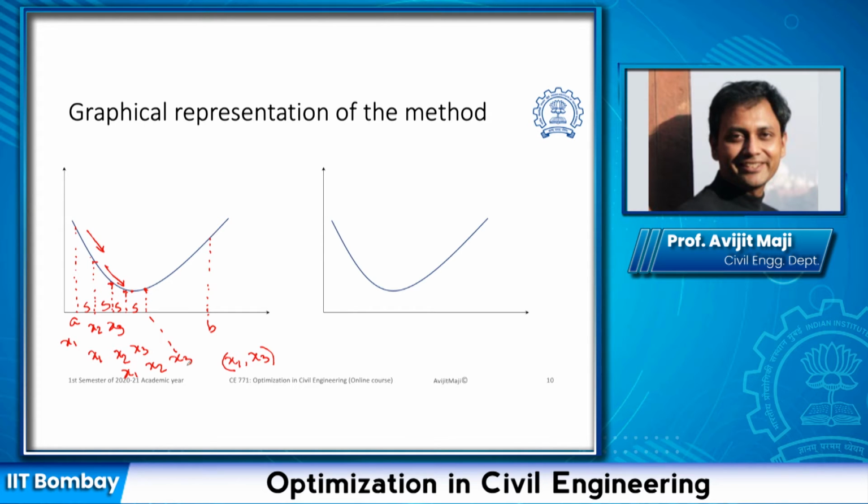Now if we come to a condition where we find that our start point is somewhere here, this is my A, so let the higher boundary be here.